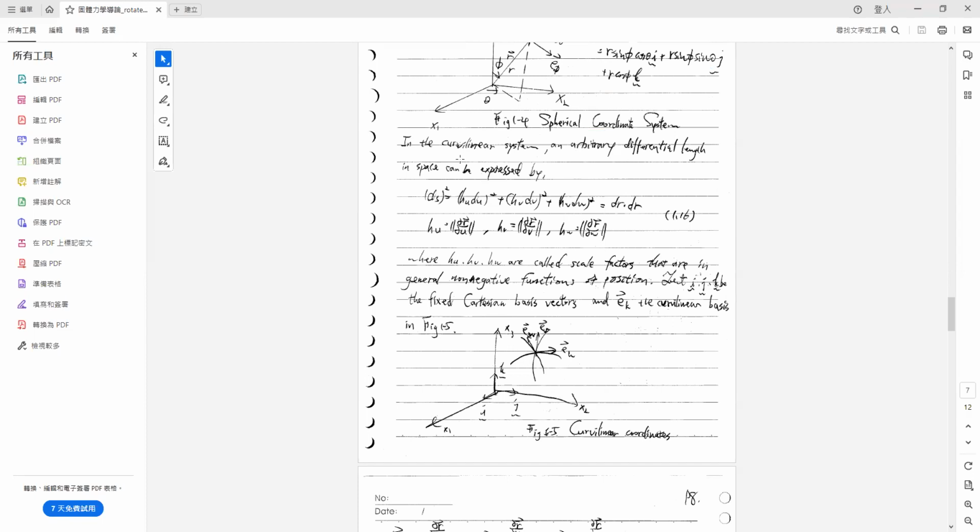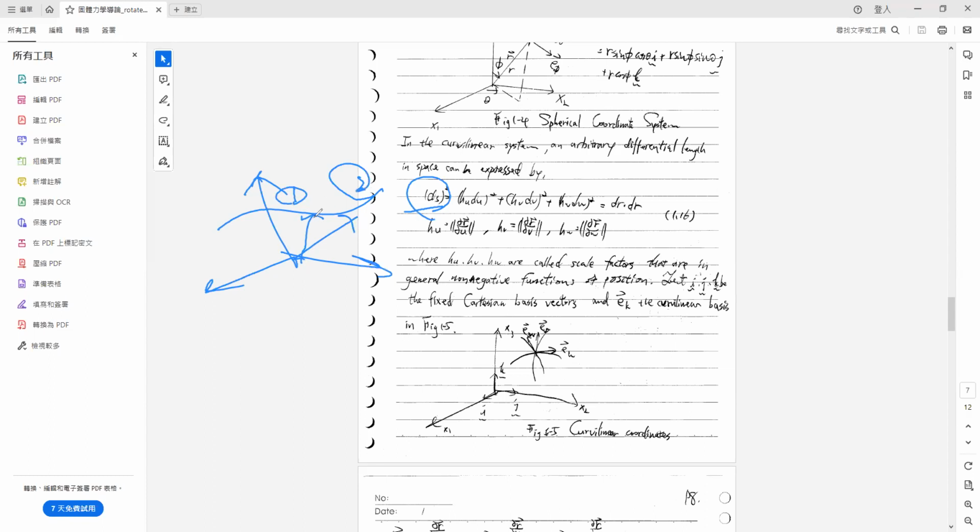And then in engineering mathematics, we talk about ds, the distance of the path from location 1 to location 2.